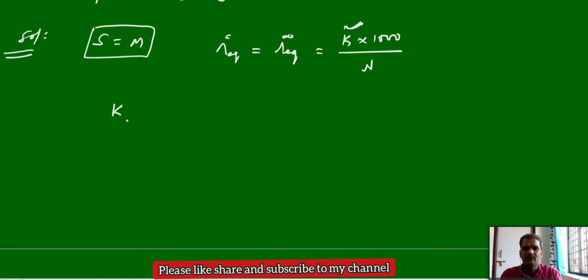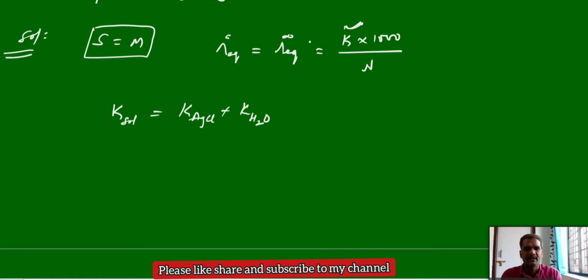So K total, or K of the aqueous solution, is the specific conductance of AgCl plus the specific conductance of water, which together give the specific conductance of the solution.